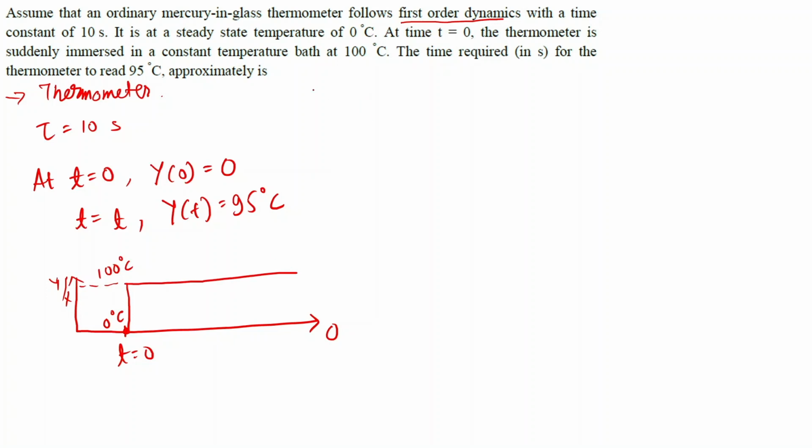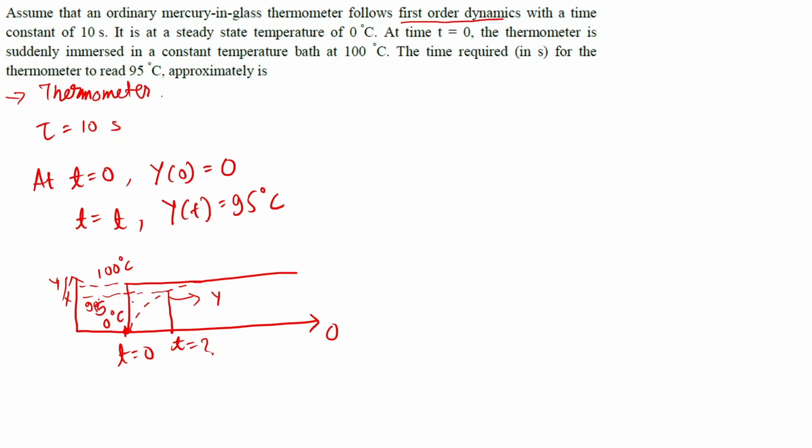Now the temperature recorded by the thermometer will follow this first order dynamics with time. Basically it will be like this. So this is my y, or the temperature recorded, and if this is 95 degrees Celsius, then we have to find the time taken by the thermometer to reach 95 degrees Celsius.